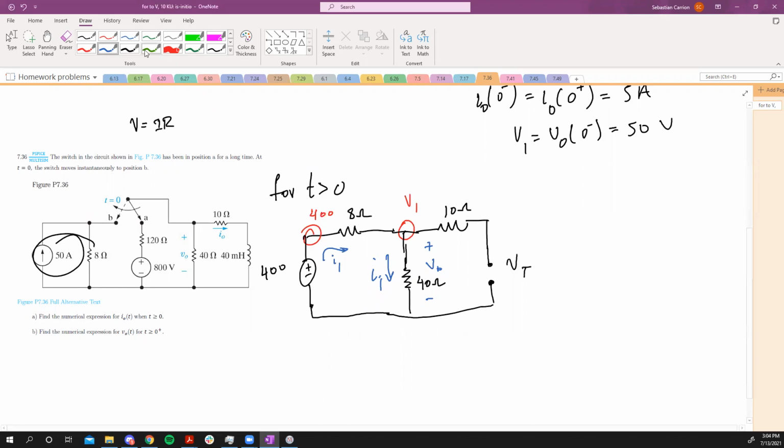So here we see that I1 equals 400 minus V1 over 8 equals V1 over 40, right?